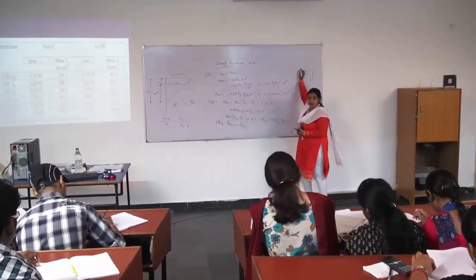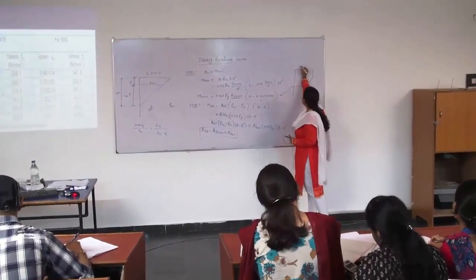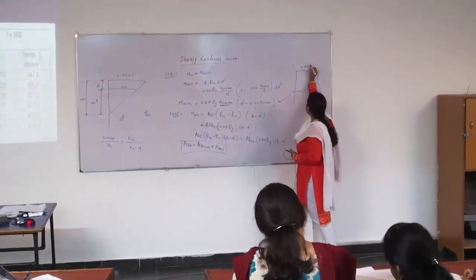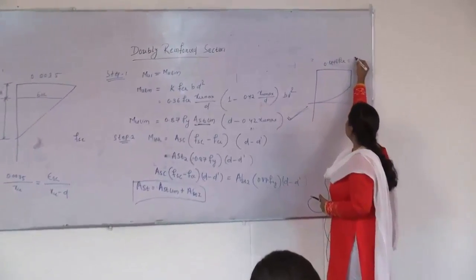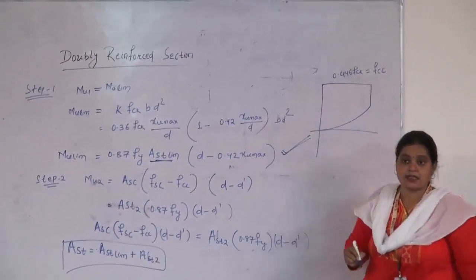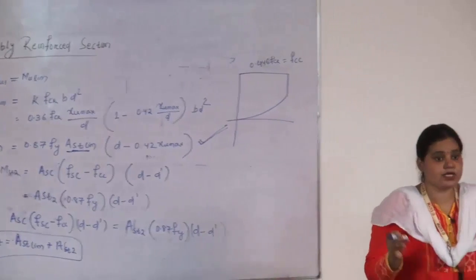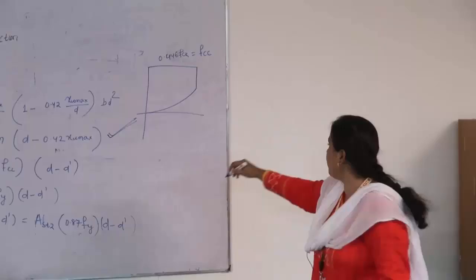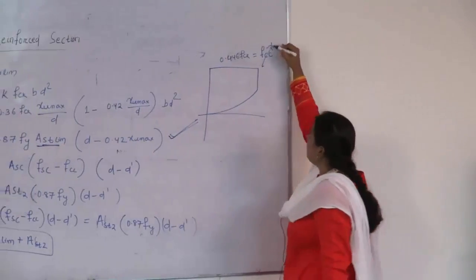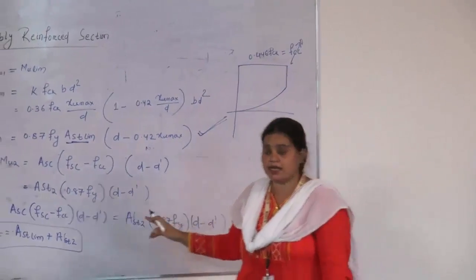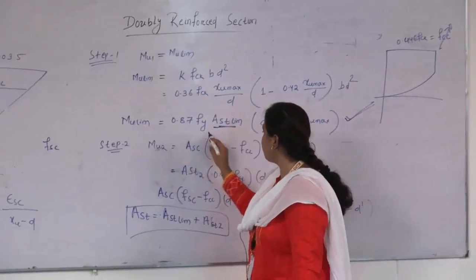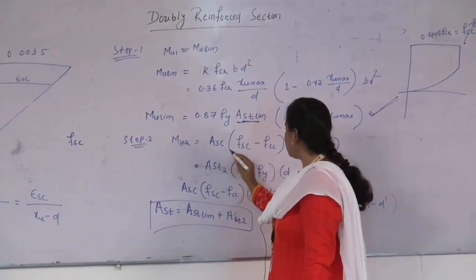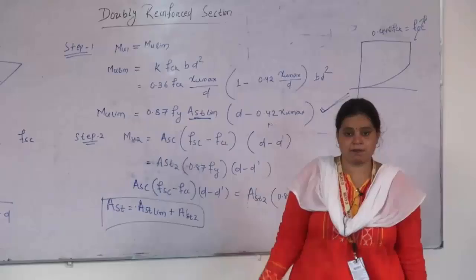At the top fiber of the concrete, stress is 0.446 FCK, that is nothing but FCC, which is very small compared to FSC. That's why we neglect it in our doubly reinforced design. That's why 0.87 FY, sorry, ASC, FSC, D minus D dash.